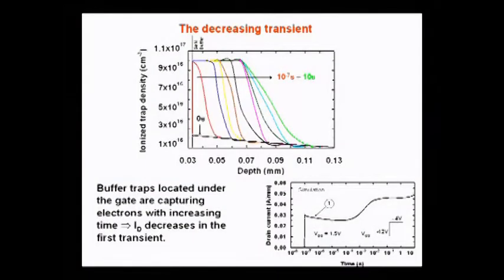As we can see from this figure, the density of ionized buffer traps located in this region is decreasing with increasing time.